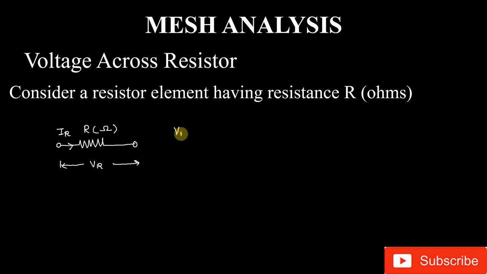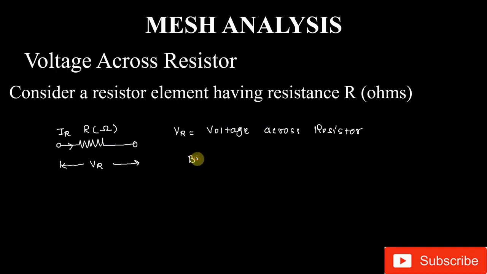So what is VR actually here? VR is the voltage across the resistor. That can simply be found by Ohm's law.